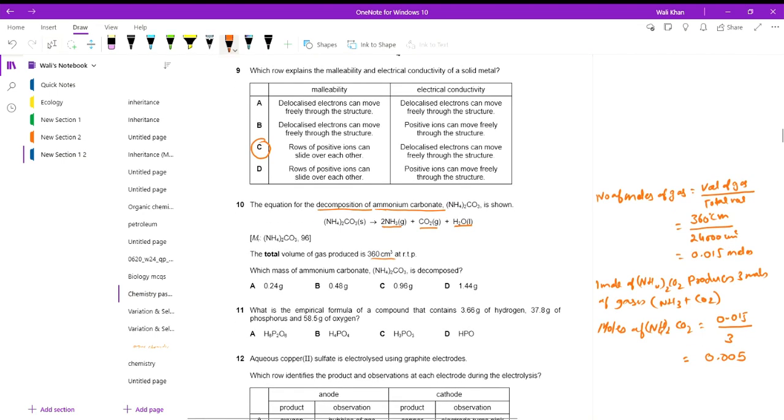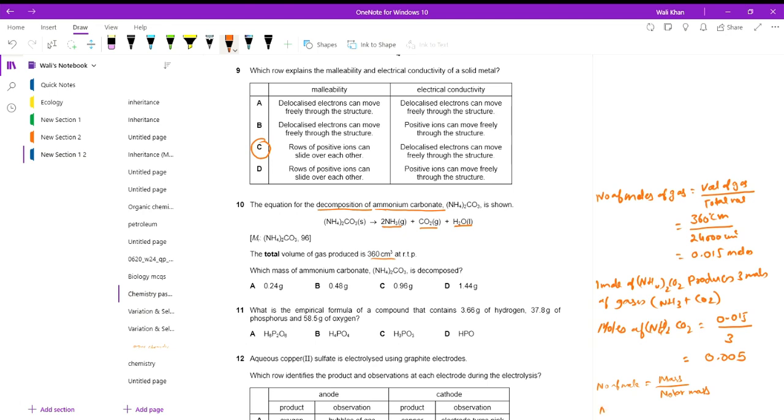So now we have to find the mass of ammonium carbonate which is decomposed. Write down the formula: number of moles is equal to mass over molar mass.